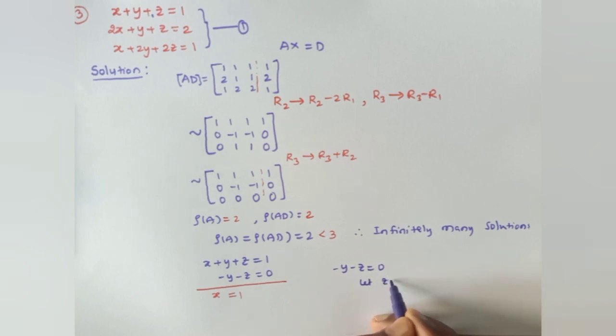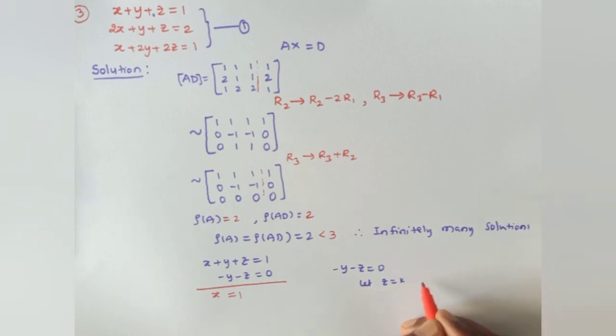Let z equal some constant, or y equal some constant, no problem. If z is some k, that implies minus y minus k equals 0, meaning y equals minus k. If the system has infinitely many solutions, we cannot count those solutions, and the solutions may be different.